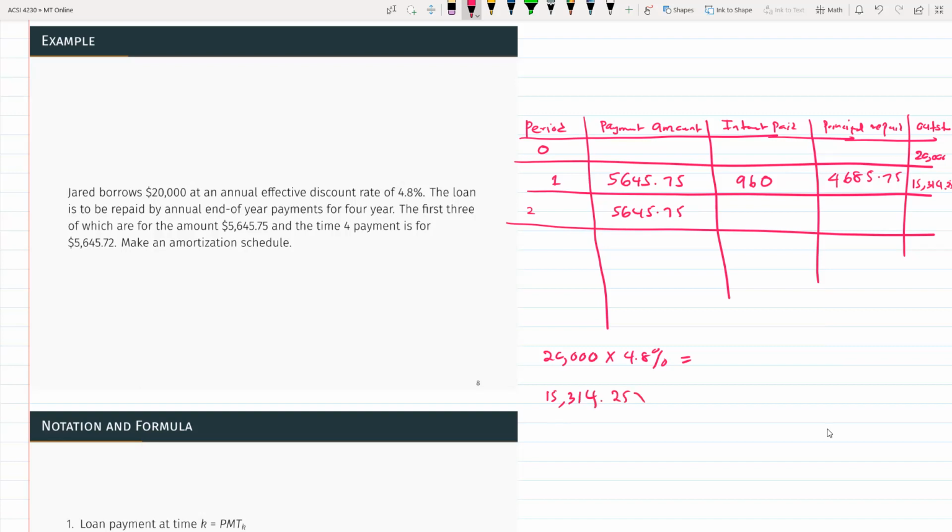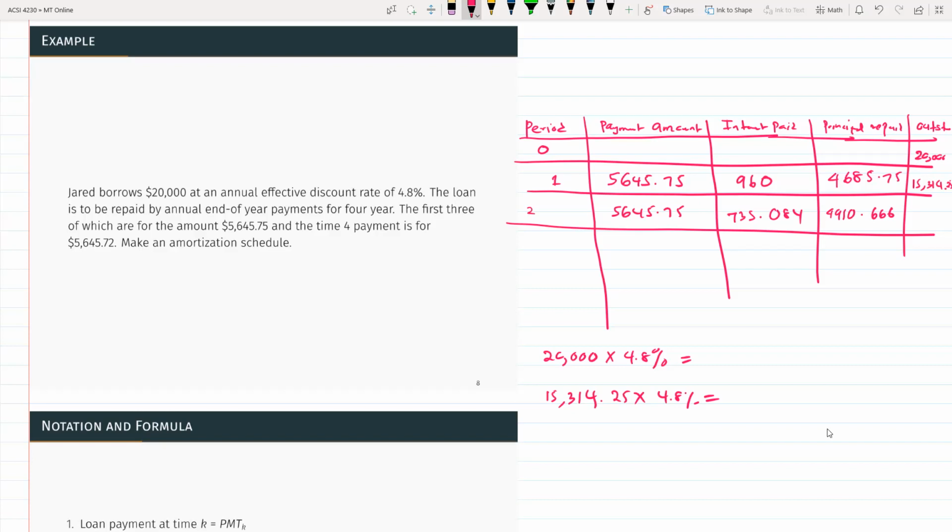15,314 and 25 times 4.8%. So the interest due is going to be 735 and 0.84. Then the principal repaid: you take the payment amount, 5,645, and subtract that, and it would be 4,910 dollars and 666.